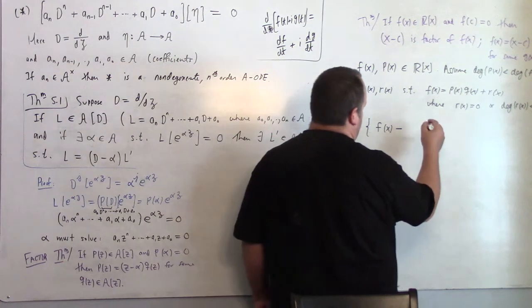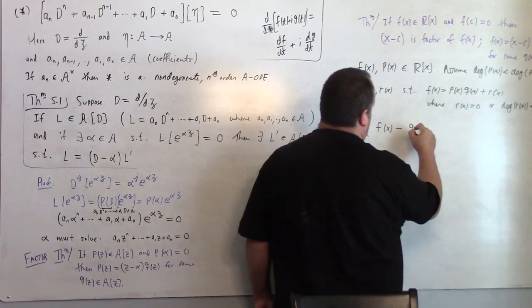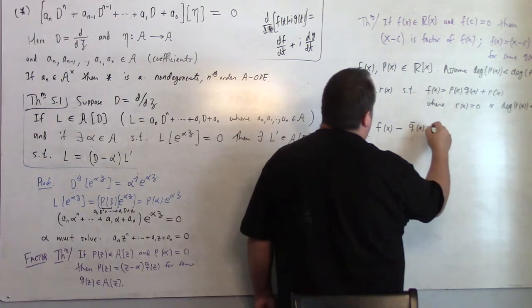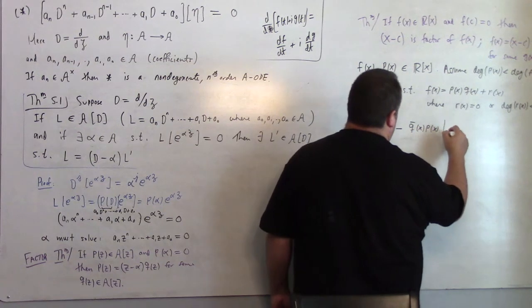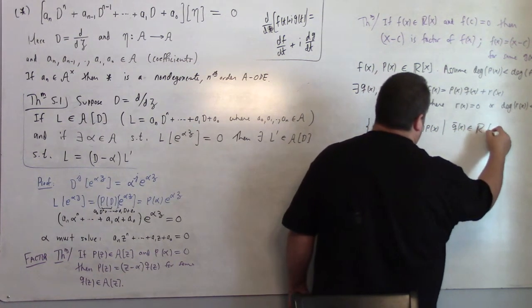Now multiples of p of x would be something like, I'll use the q again, I'll call it q bar this time. q bar of x times p of x, such that q bar of x is a polynomial.